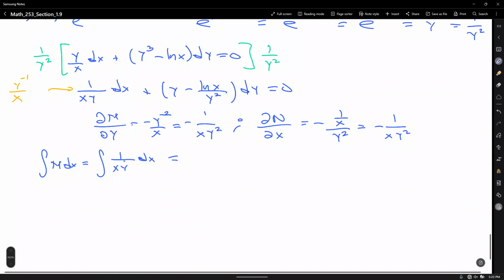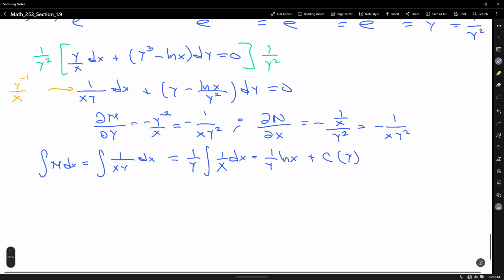And well, integrating with respect to x, essentially we're integrating 1 over x, which is ln x. Actually, if it works for you, take out the y, which is a multiple constant. And that's simply 1 over y ln of x, plus some constant, which is a function of y. Either way, right?